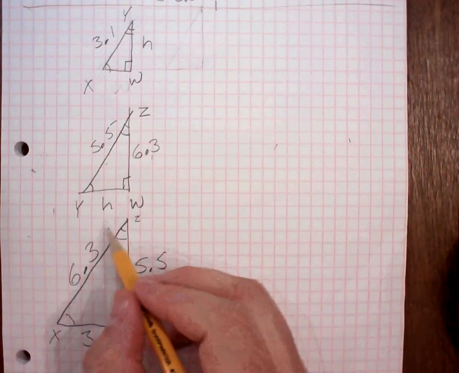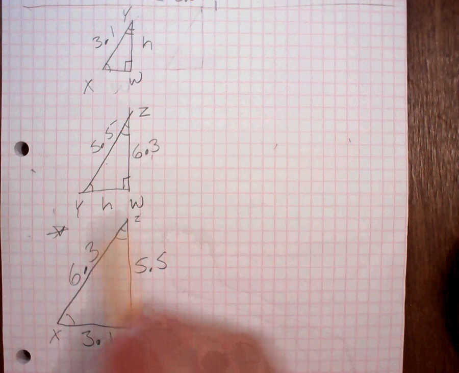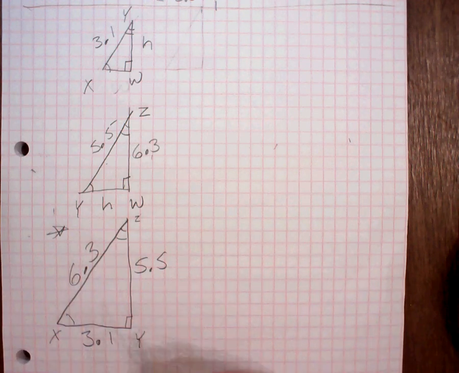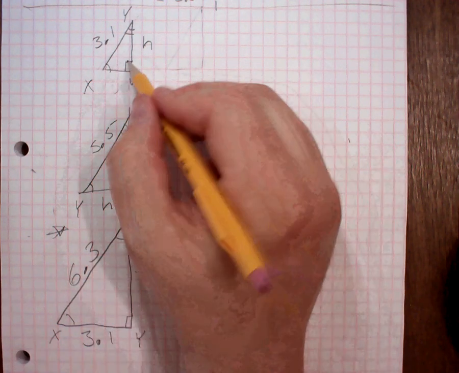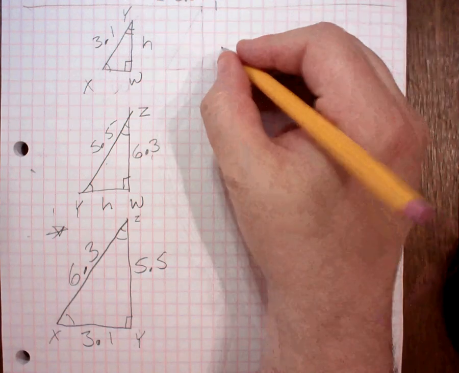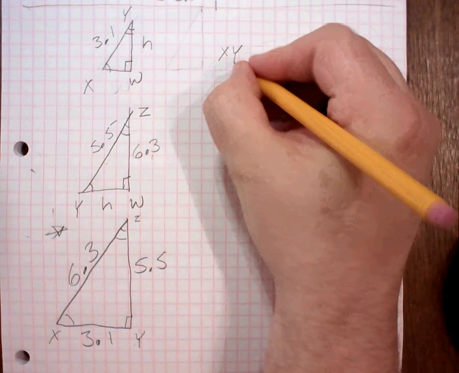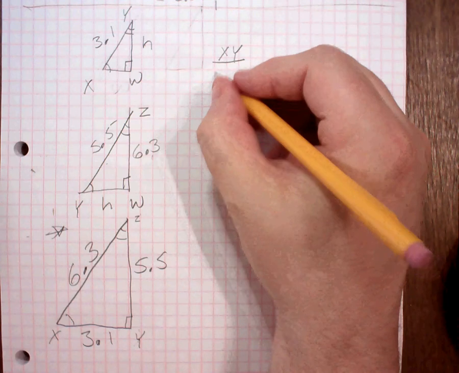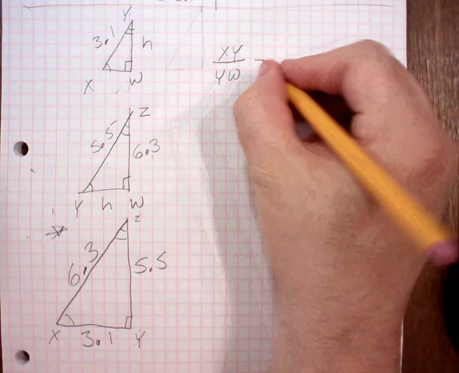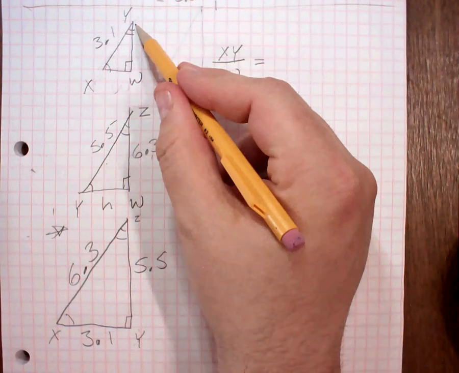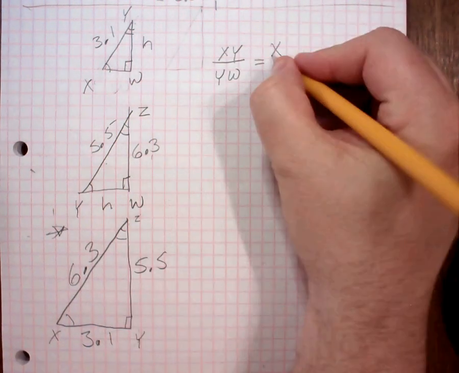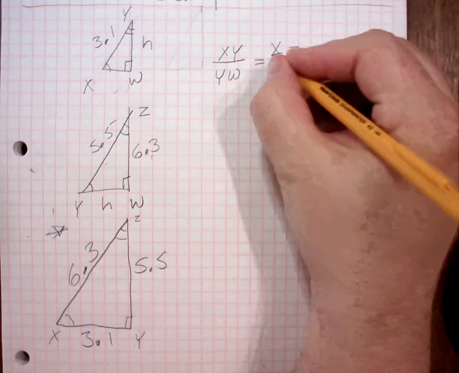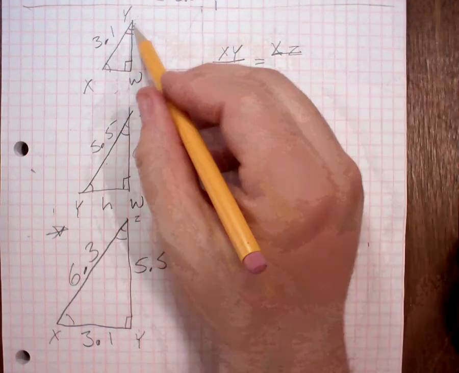Now notice that this triangle has all of the side lengths. And we're asked to find H. Now it doesn't matter which one I plug it into, but I'm going to plug it into this one. So what I'm going to do is I'm going to say XY over YW is equal to XZ over ZY.